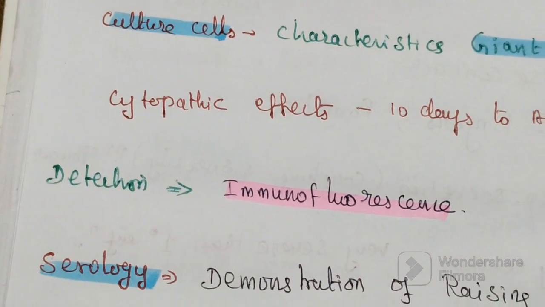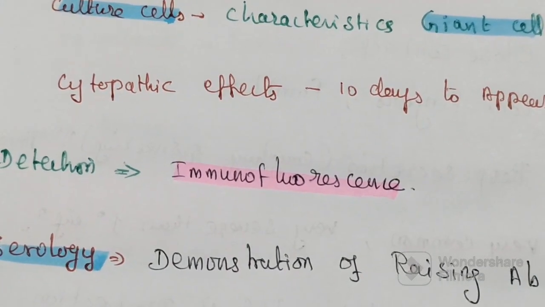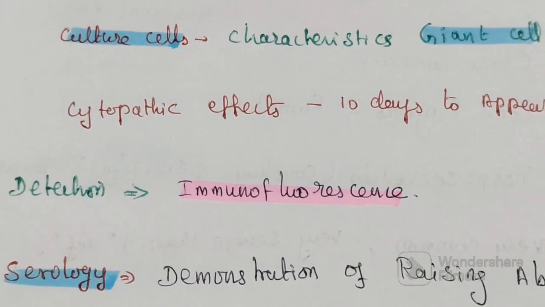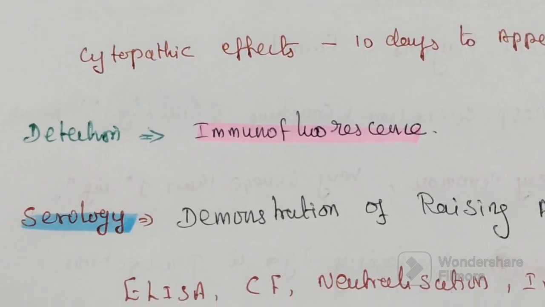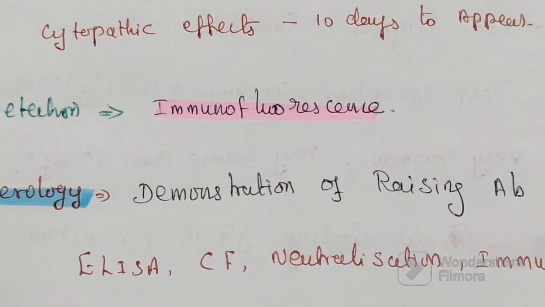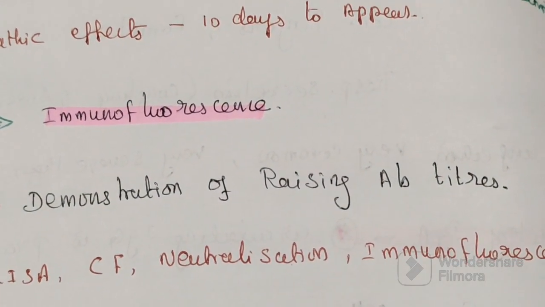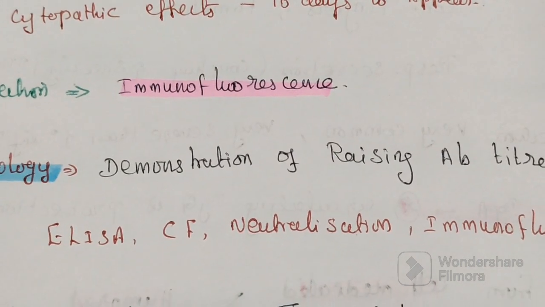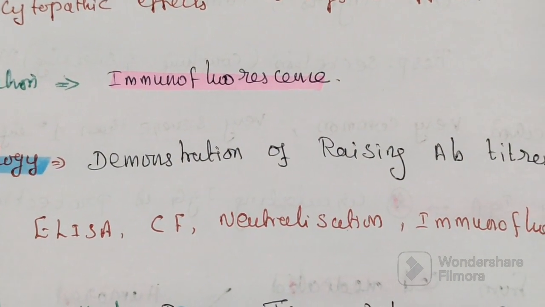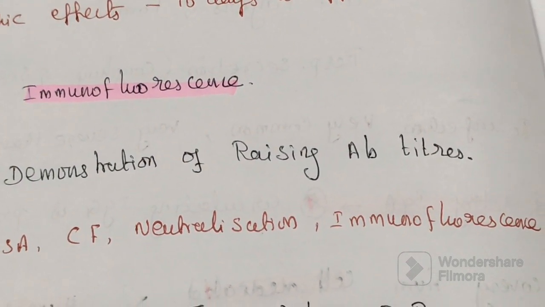So early detection of virus growth is by immunofluorescence, which is very rapid. Then serological technique is done by demonstration of a rising antibody titer in paired serum samples, performed by ELISA, complement fixation, neutralization, or immunofluorescence.